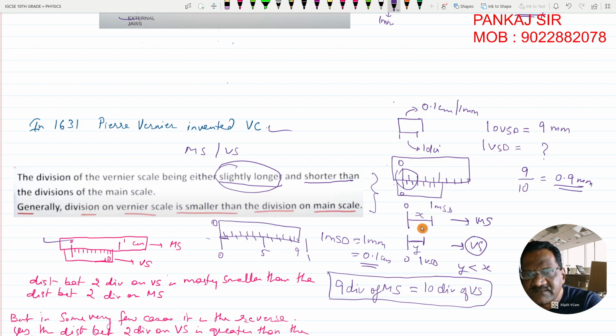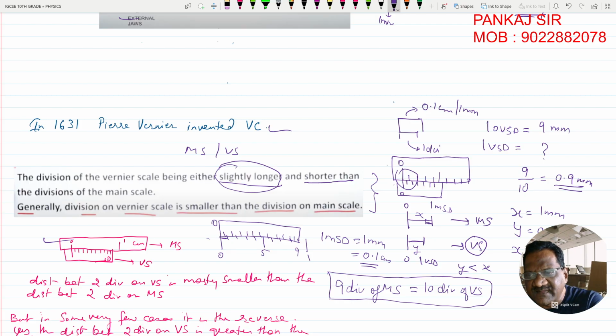Now suppose you come down to this. So my x will be how much? It will be 1 millimeter. And my y will be how much? It will be 0.9 millimeter. Isn't it? And if I'm interested in this x minus y, it will be this particular distance, a very small distance. This will be the least distance that I can measure, which is known as the least count.